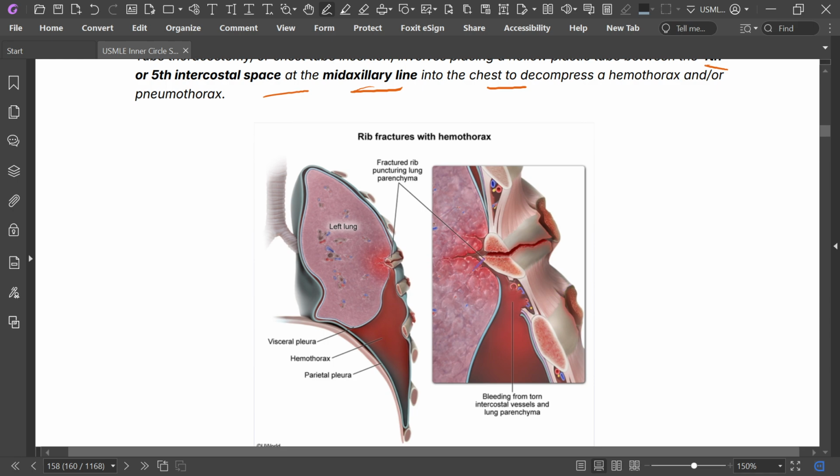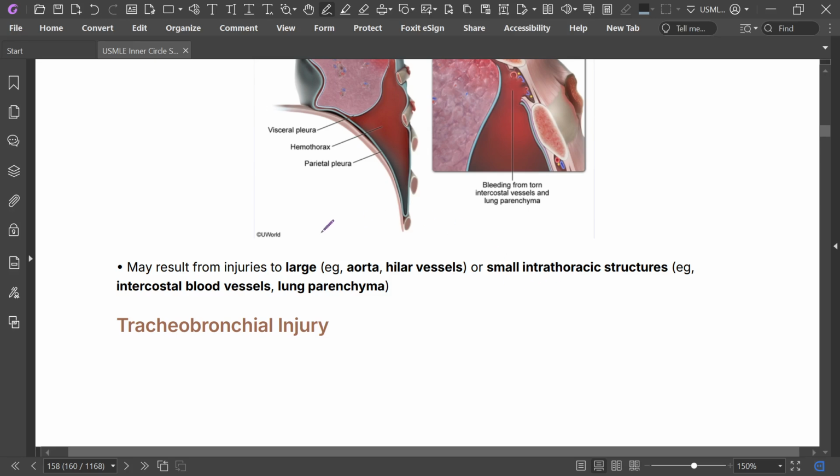So this is hemothorax, rib fracture with hemothorax. It may result from injuries to the aorta, hilar vessels, small intrathoracic structures, intercostal bleeding, or lung parenchyma.